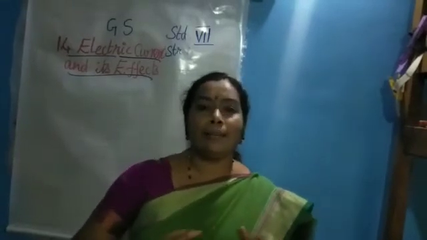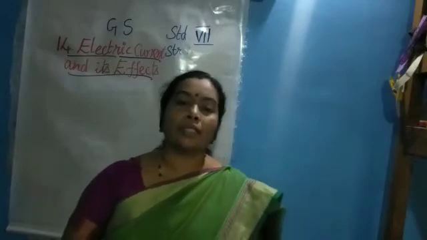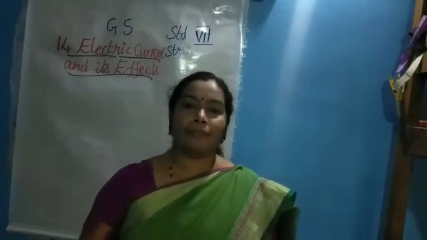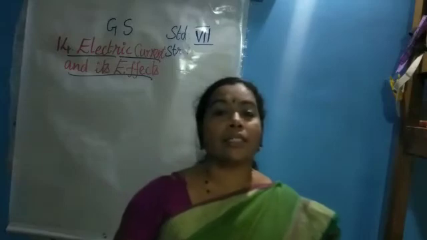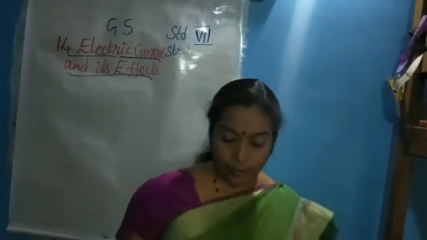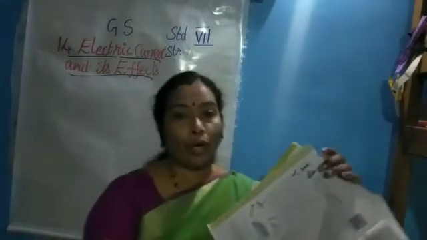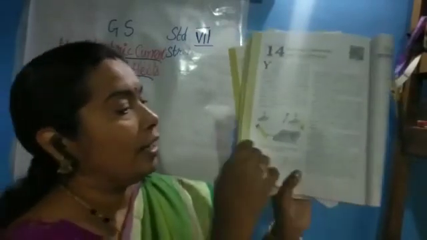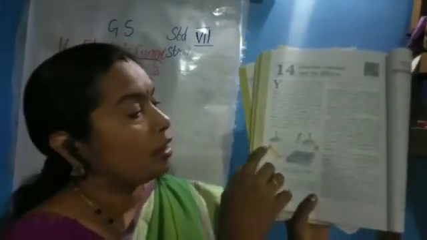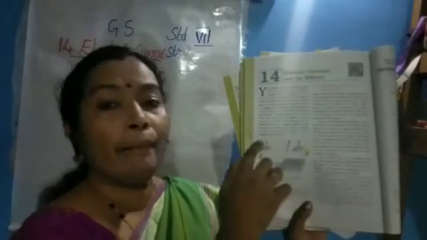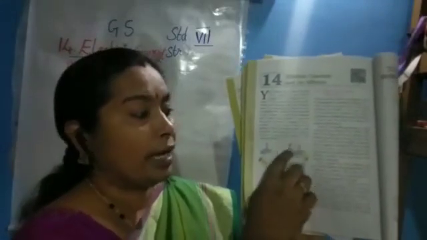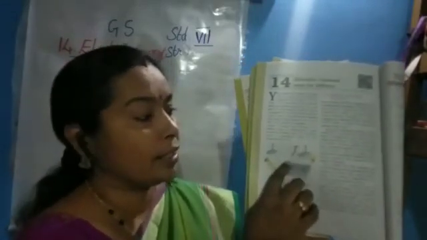So as a simple arrangement of the components in this game, a simple picture is given in your textbook. The figure number 14.1. See this? An electric cell is used. From that a wire is connected to a metal wire. In that a metal key is inserted.